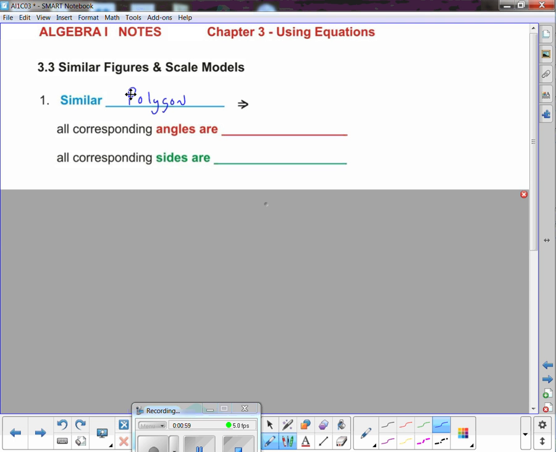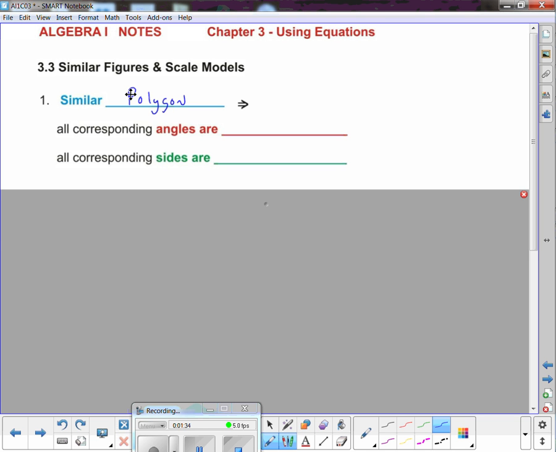A five-sided is called a pentagon. 6 is hexagon. 7 is heptagon. 8 is octagon. 9 is nonagon. 10 is, did we do 11? No, n-gon is like as many as there are. I can't remember 11. We did 12. 12 is a dodecagon. But anyhow, that's the idea.